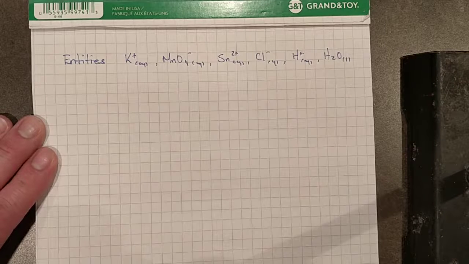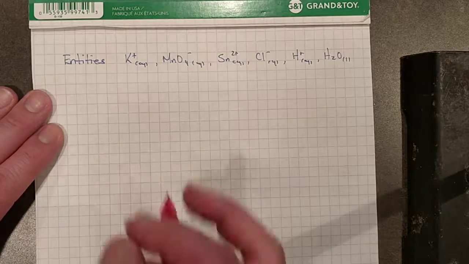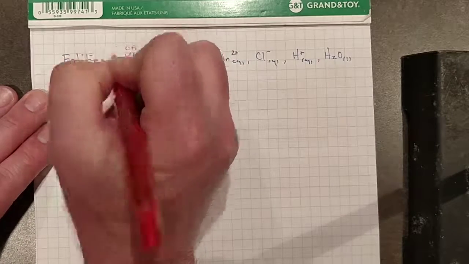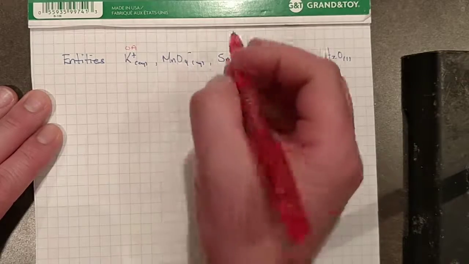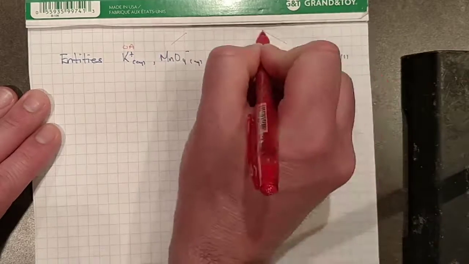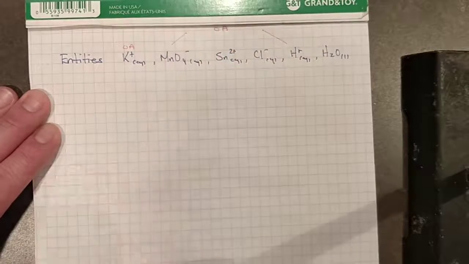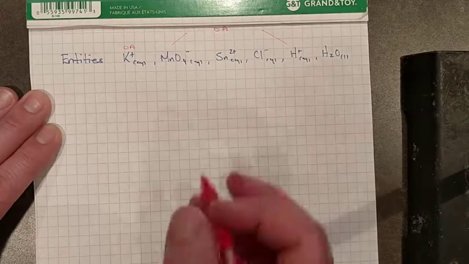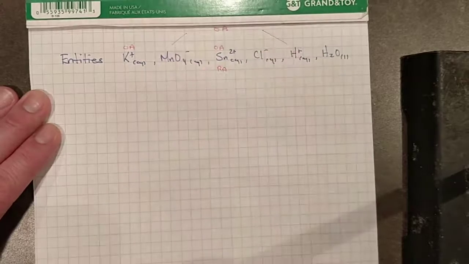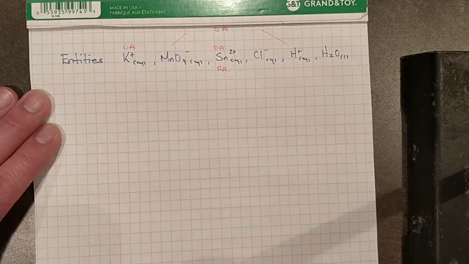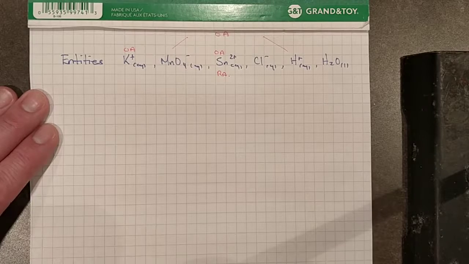Welcome back. All right, we've got our OAs and our RAs. Potassium you found as an OA. Permanganate on its own wasn't, but acidified permanganate was. We have tin 2, which we saw in an earlier lesson as a disproportionation possibility. It is both OA and RA, or at least can be.